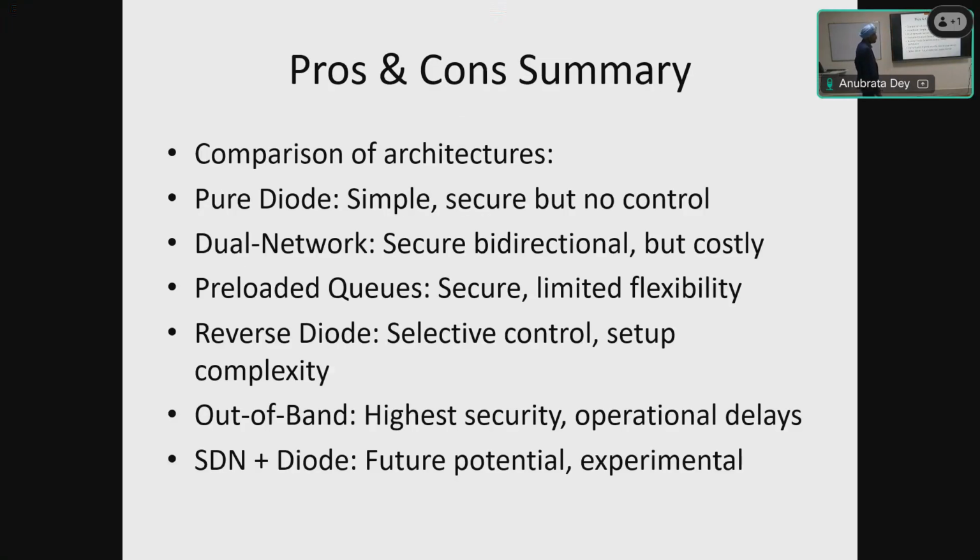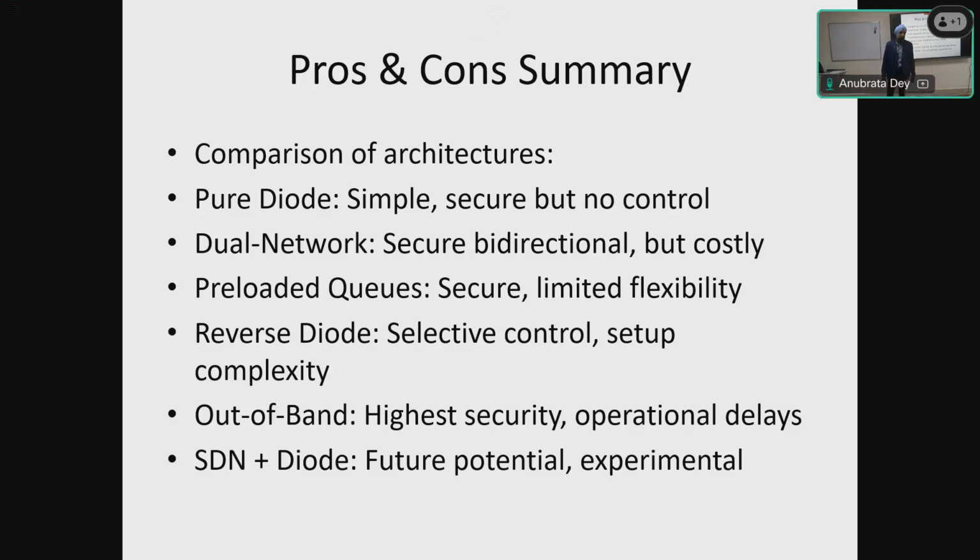So what are the pros and cons? We talked about four or five different architectures possible for data diodes. Pure diode: simple, secure, but no control, right? It's just telemetry going in one direction. Dual network: it's secure, bidirectional, but obviously costly.